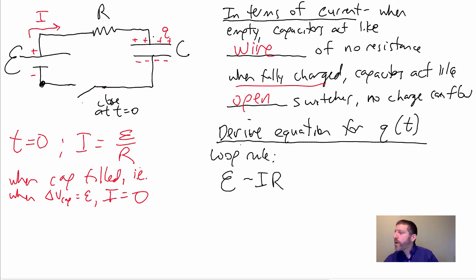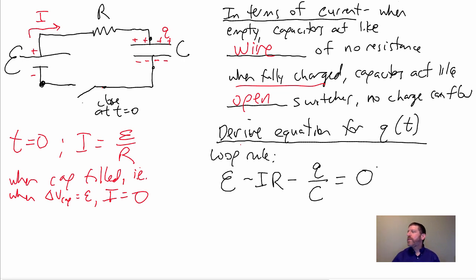Then we're going across this capacitor at some arbitrary time, starting from over here and ending up down here, so we're going from high to low potential, so it'll be minus, the delta V will be Q over C, and that has to add up to 0 by the loop rule.